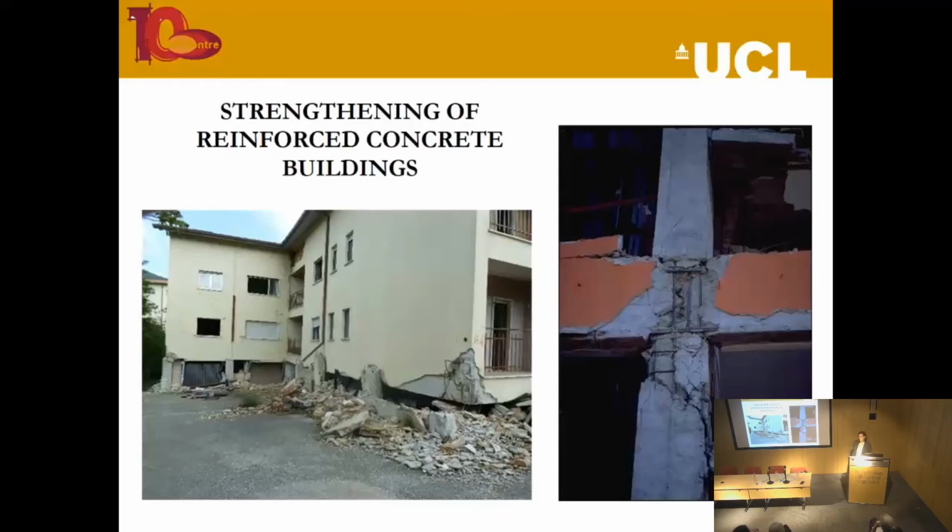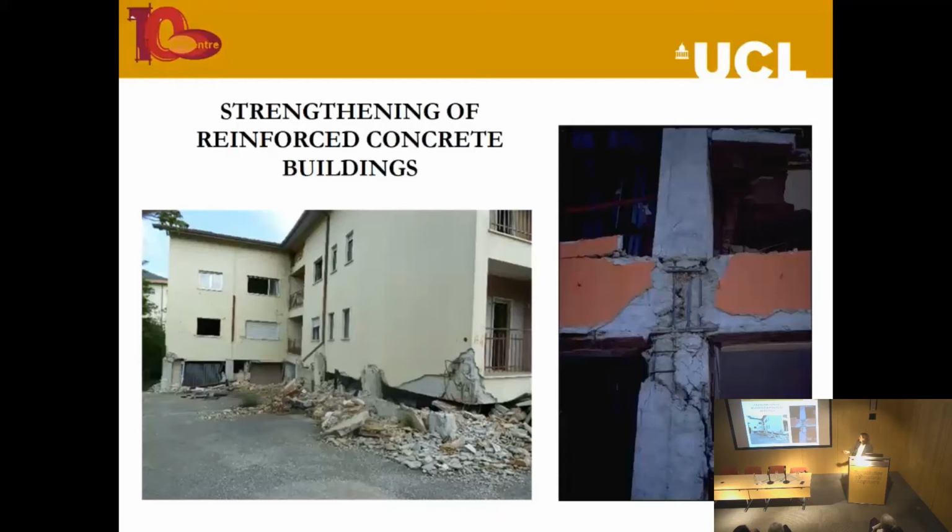Being built after the war, typically in the 60s and 70s, with the first Italian code coming out in 1975, the vast majority of these structures are not designed to any seismic code, and therefore tend to fail in quite a brittle manner. Some typical types of failure that we see in earthquakes are shown by these images.